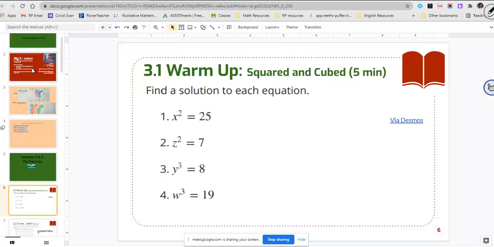So start with me at lesson 3.1, the warm-up, where we're talking about things that are squared and cubed, and to find some solutions for these.